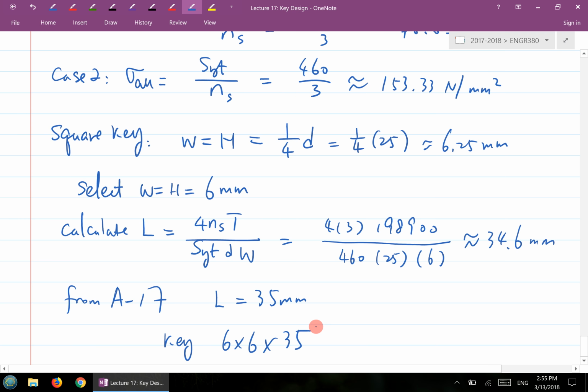Any questions? Yes. Custom meaning? We're going based on stock design. Custom means what? You mean the shape or the size?